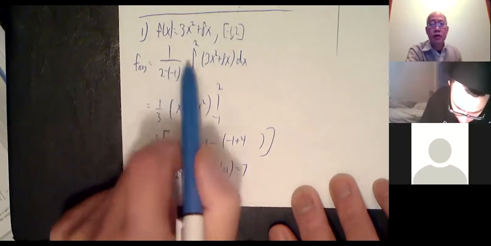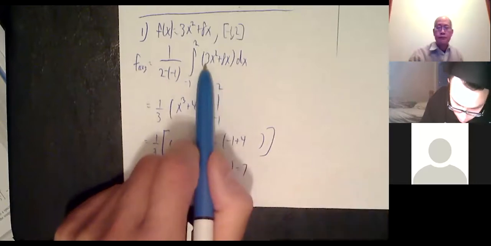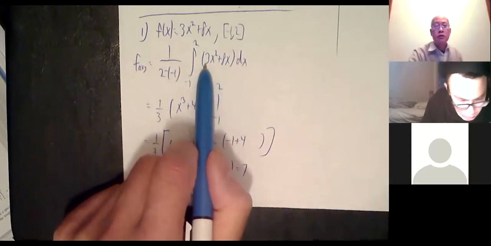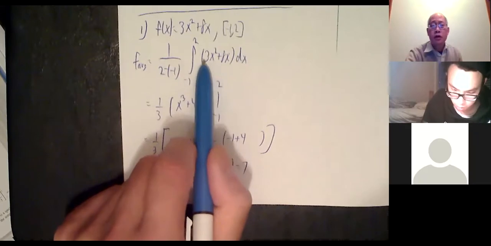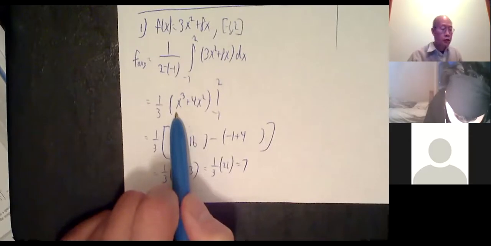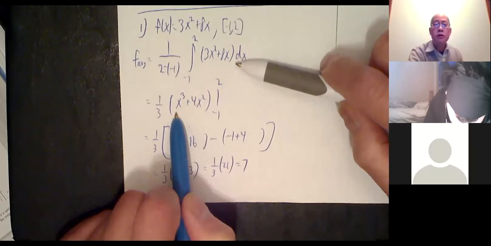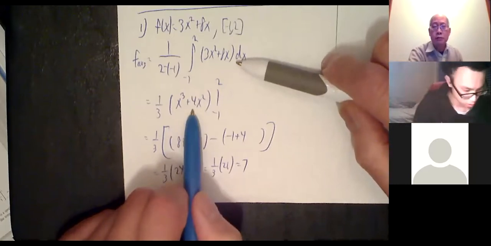So it's going to be 1/3 integral of 3x squared plus 8x dx. That's all. So what's the integral of 3x squared? 3x cubed over 3, which is the same as x cubed. What's the integral of 8x? 8x squared over 2. That's the same as 4x squared.